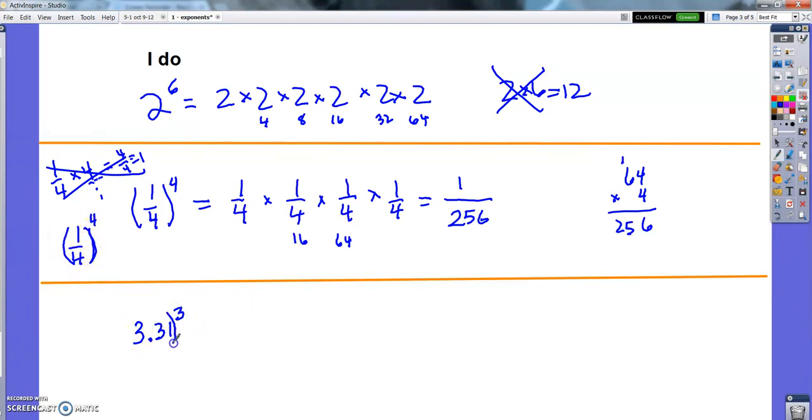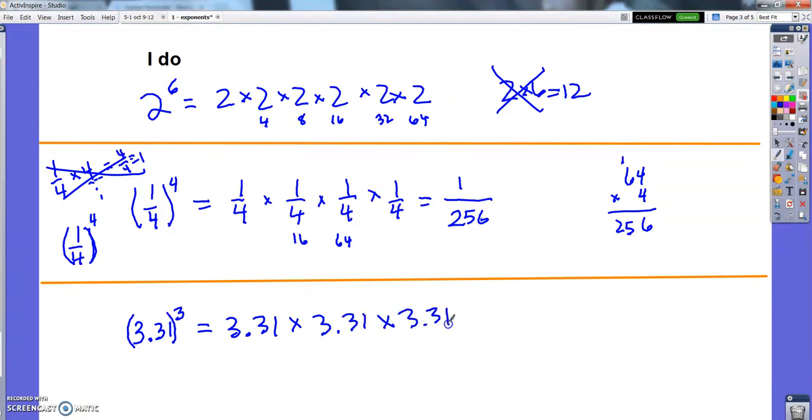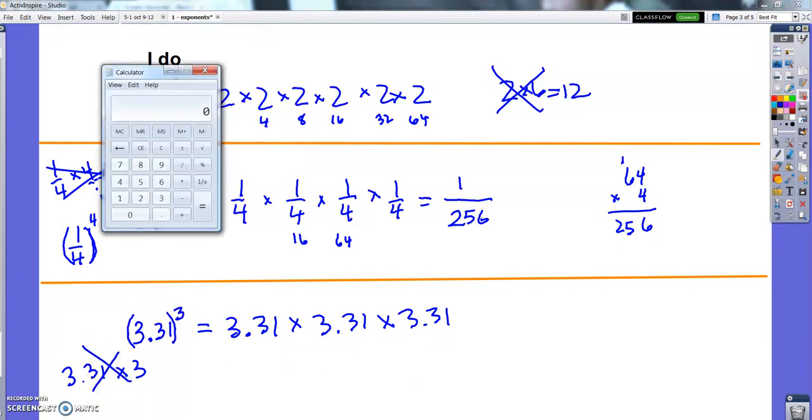So with a decimal, frequently you're going to put it in parentheses to the 3rd power. That just means 3 31/100ths times 3 31/100ths times 3 31/100ths. It does not mean 3 times 3 31/100ths. Does not. So I'm going to use the calculator because this will take me forever without it.